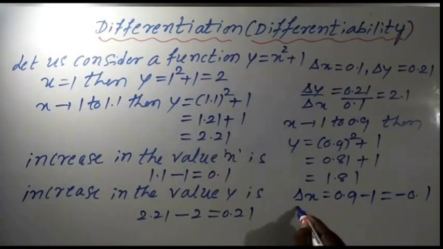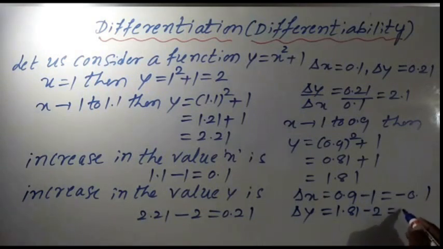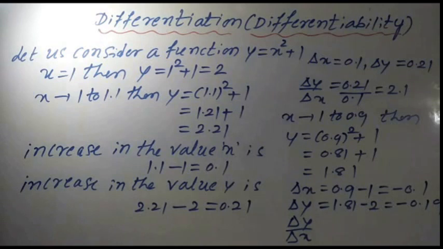Similarly, delta y is equal to 1.81 minus 2 is equal to minus 0.19. Here the ratio delta y by delta x is equal to minus 0.19 divided by minus 0.1 is equal to 1.9.